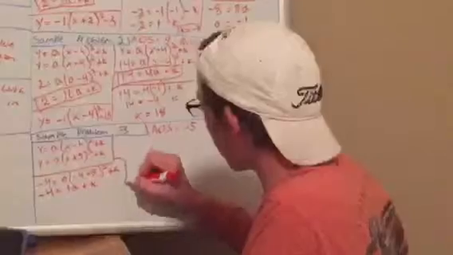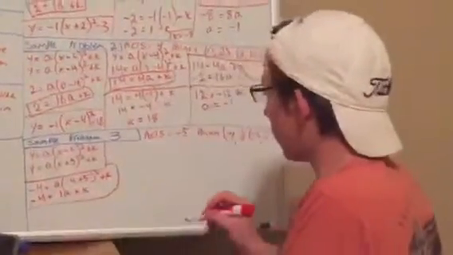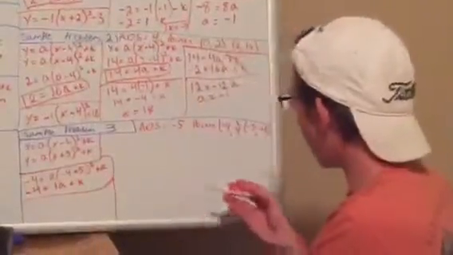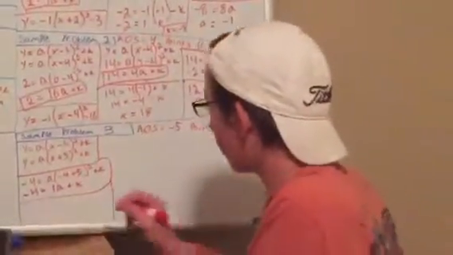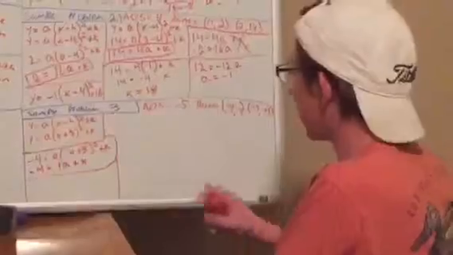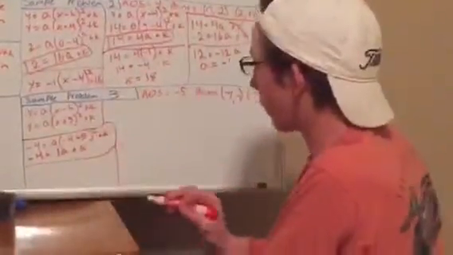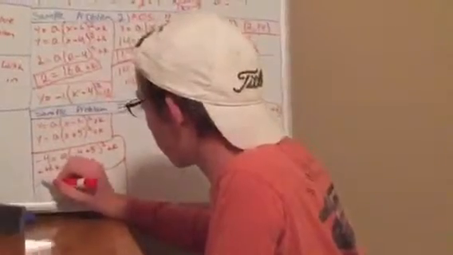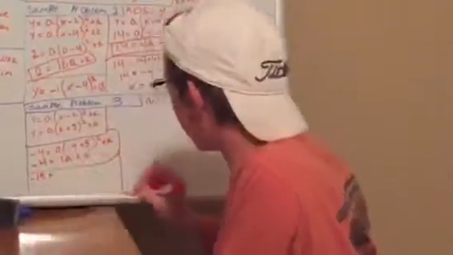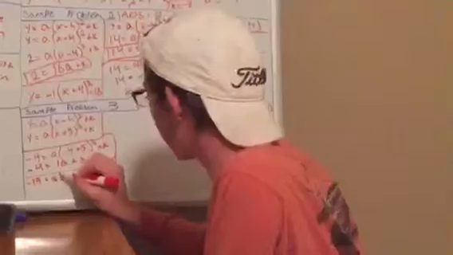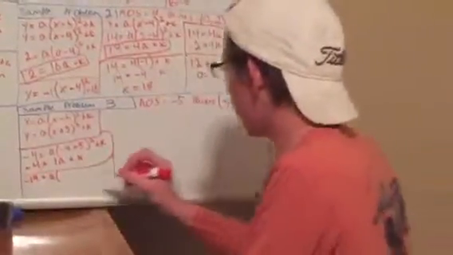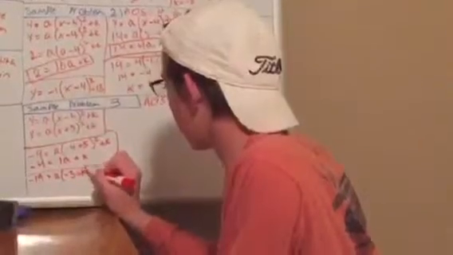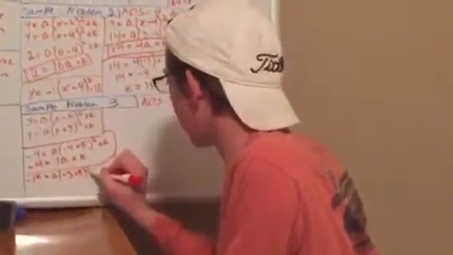So now that you have that equation all simplified, let's go on to our next point. You're going to plug the x and the y into that same equation. So it's going to be negative 19 is equal to a, open parentheses, negative 3 plus 5, square that, plus k.